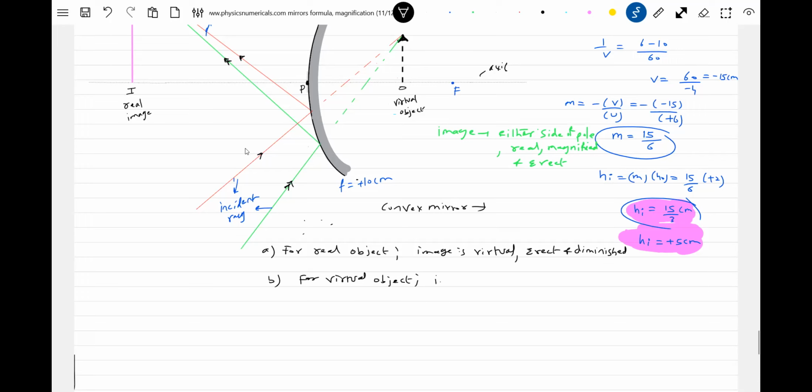Then for a virtual object, what about the image? Image is virtual, inverted, magnified or diminished. It all depends upon the position of the object. Then for a virtual object, one more condition is there.